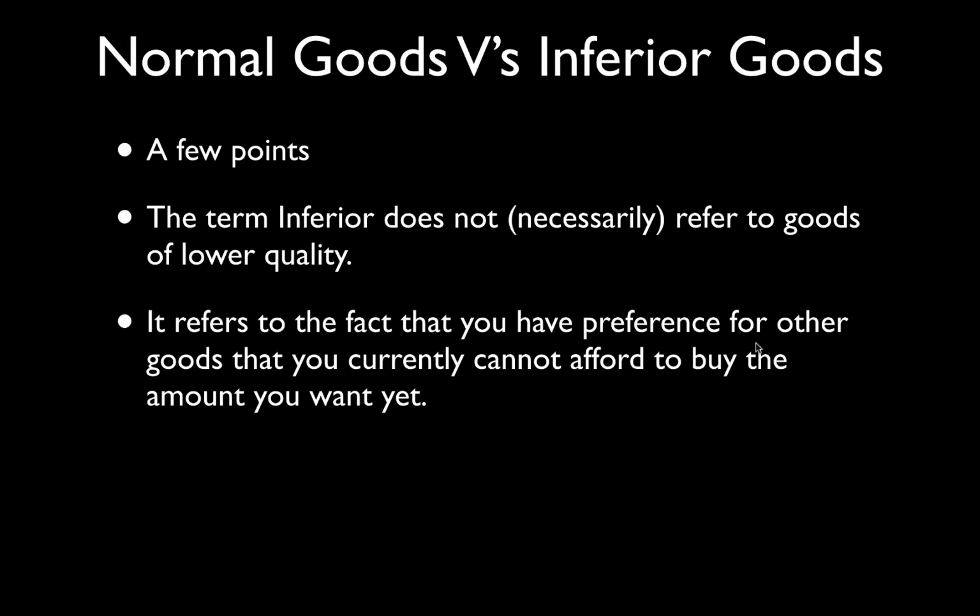So even if I got way richer than I am now, I'm not going to be spending money on stupidly overpriced bottles of wine. That is my preference. However, for you, it could be completely different. You may absolutely love the idea of tasting different wines, even particularly the expensive ones, and that's your preference. So for you, expensive wine would be a normal good. For me, it certainly isn't. Okay, I'm not going to buy any more expensive wine than I currently do, which is zero.